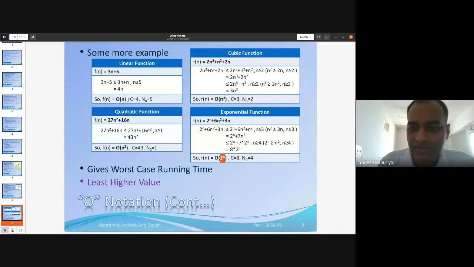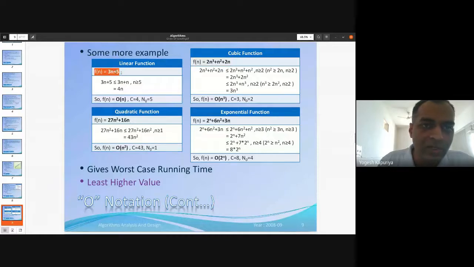In general, what you should understand is f(n) is always going to be the big O of the highest order term in this equation. Remember, forget about the constants, forget about the coefficients, simply ignore the lower order terms. Whatever is the highest order term, that will be the big O notation for any given function.